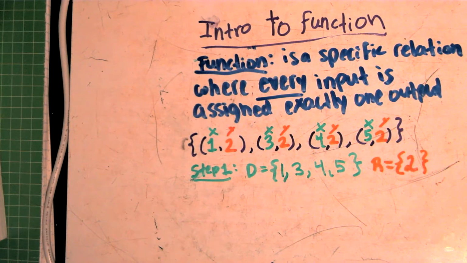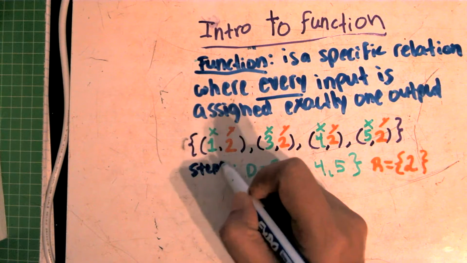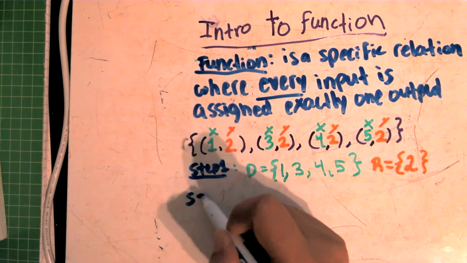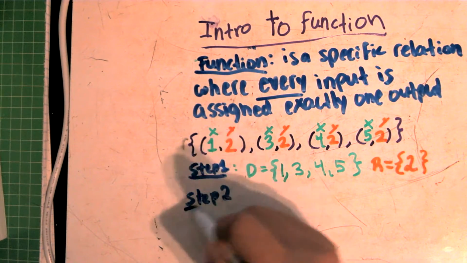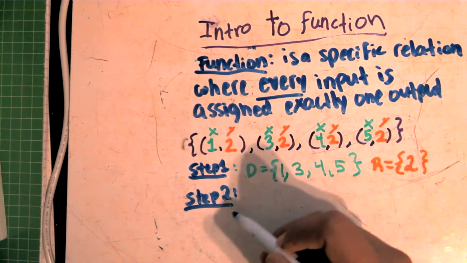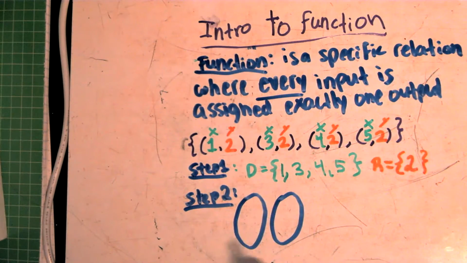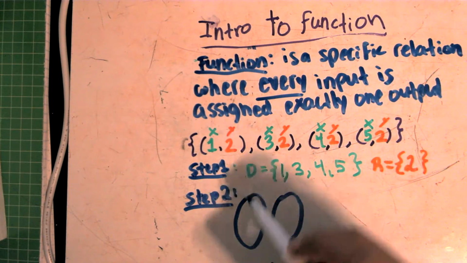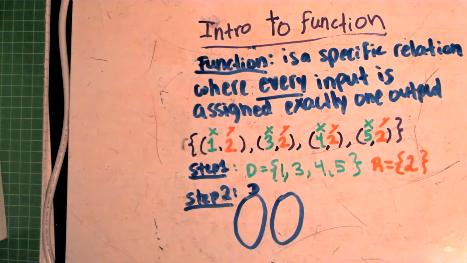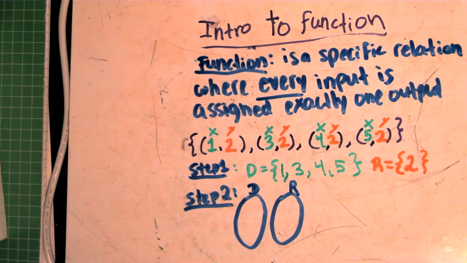So now we're going to move on to step 2, and we're going to create a function map to see whether this relation is a function or not. Okay, and we start out with our 2 bubbles. The first bubble represents the set of my domain, and the second bubble represents the set of my range.